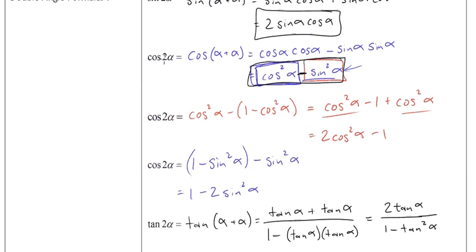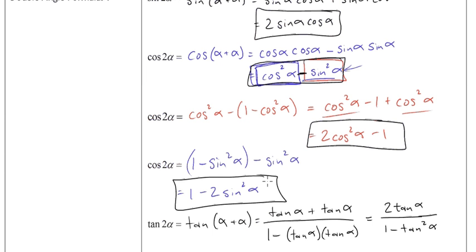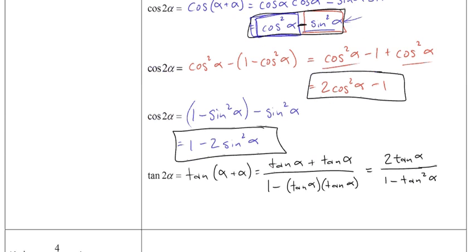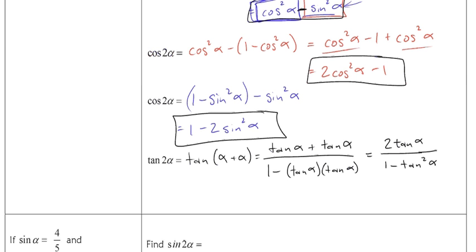And this is cosine of 2 alpha. It's also 2 times cosine squared alpha minus 1. And it's also 1 minus 2 times sine squared of alpha. And then lastly, tangent of 2 alpha is equal to 2 times the tangent of alpha divided by 1 minus tangent squared alpha.